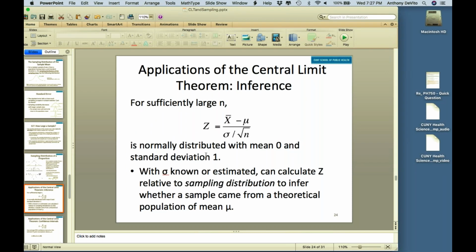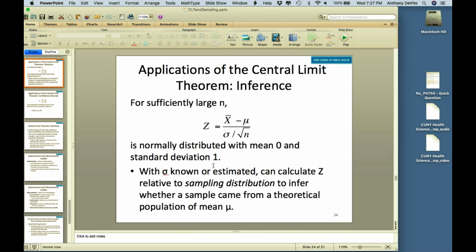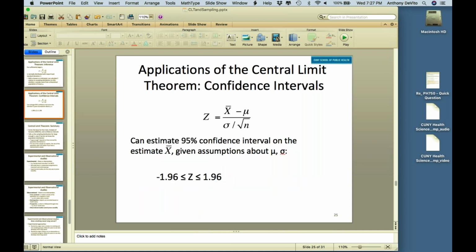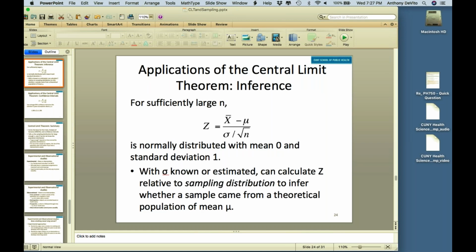Okay, well, if we have a large enough n, we can make predictions about what our true population mean is and how well we have predicted our true population mean. Okay, so if I look at this formula right here, what does this formula tell me?